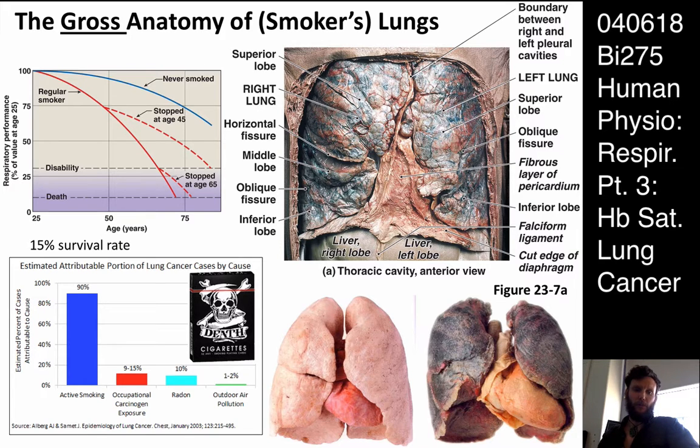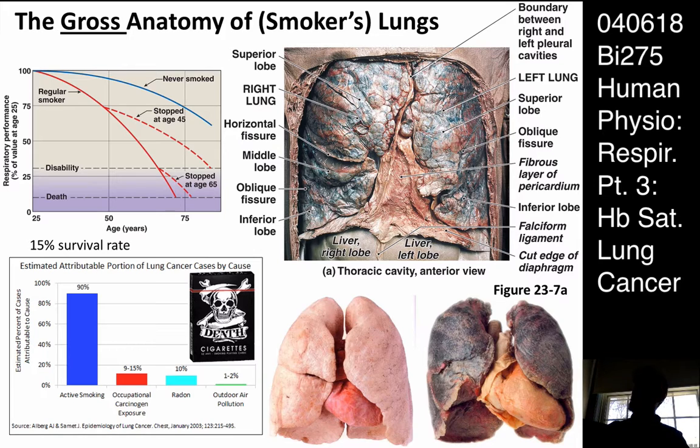After about my age, I'm going to start toward the downward part of the slope here. Up until this point, it's pretty smooth sailing, but then everybody, as they get older, their lung capacity goes down. It's just a normal part of aging. However, a regular smoker is on a much more rapid curve.